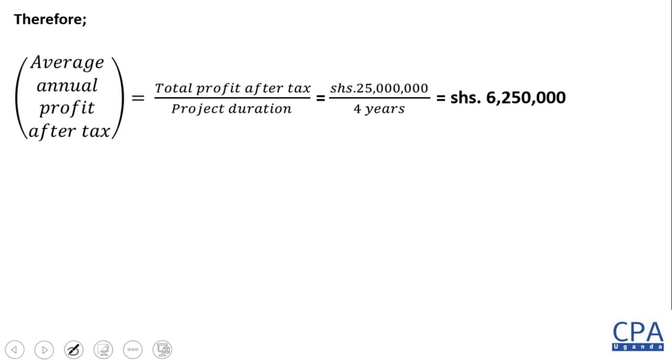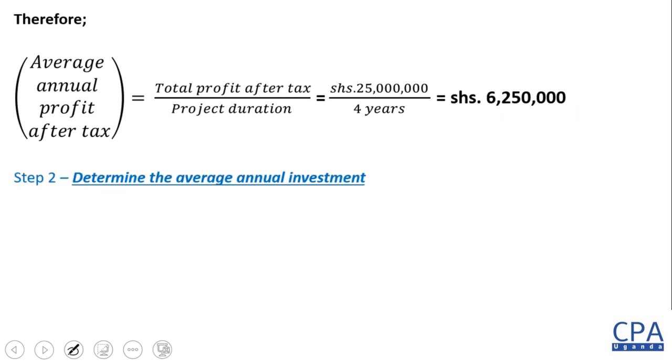If you check with your calculators, it gives us 6,250,000 shillings. All right, so we have managed to determine the average annual profit after tax.